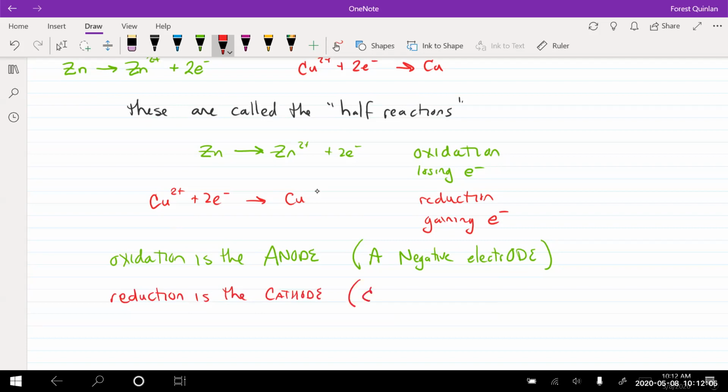And I do this by CPR, which means cathode positive reduction. Couple of cool acronyms to help you remember which one's the anode, which one is the cathode.